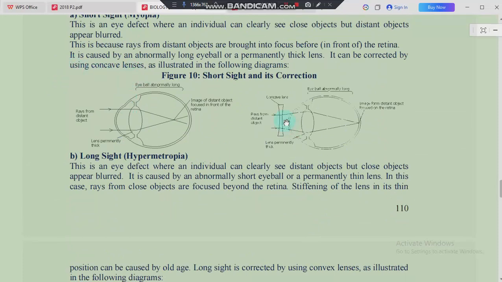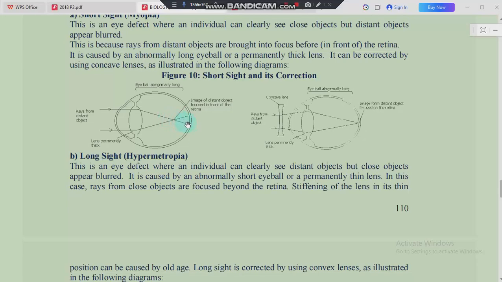So what concave lenses do is, in the abnormal diagram here, as the light rays are coming, this person is not having any lenses. Once they come, they are going to come together at this point, and then they are going to appear before the retina.